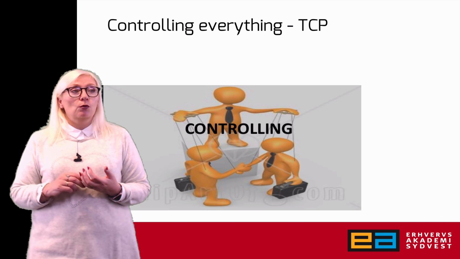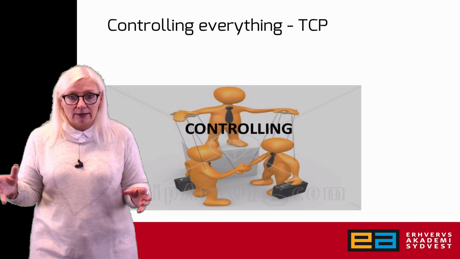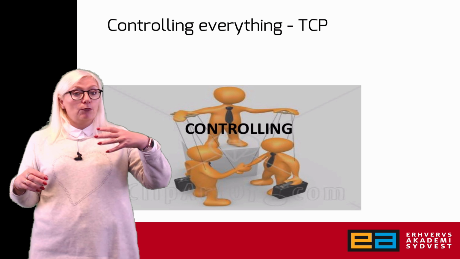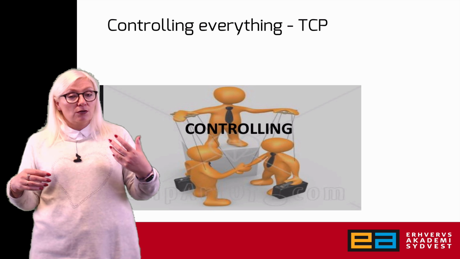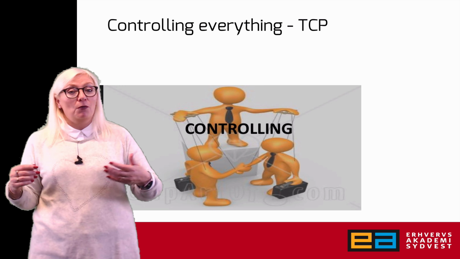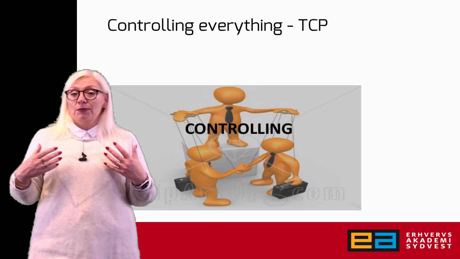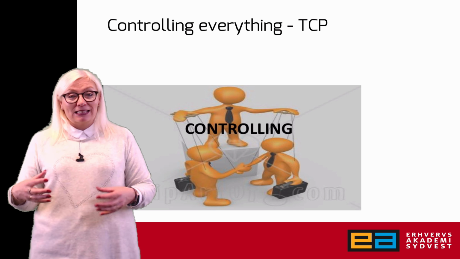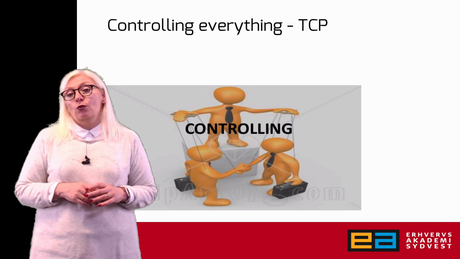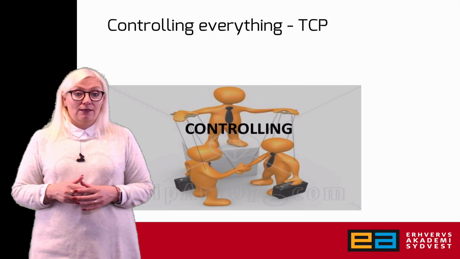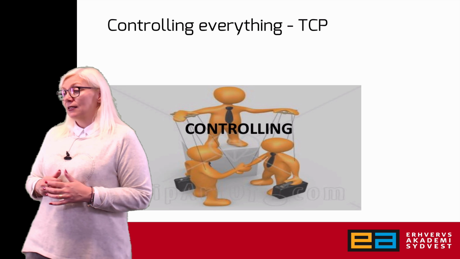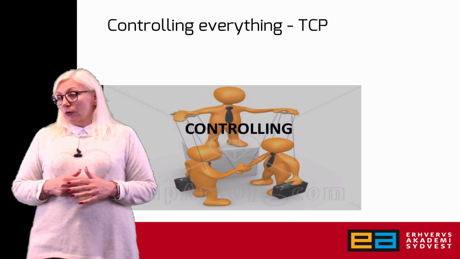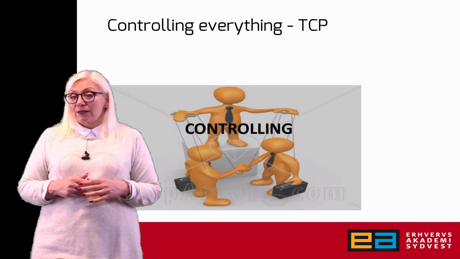TCP will make sure that everything is transferred correctly. It will make sure that the receiver of the packets that you send is actually present before they start sending. And if something goes wrong, if something is missing, then TCP will make sure that it will be resent to you. So this is the protocol that controls everything.